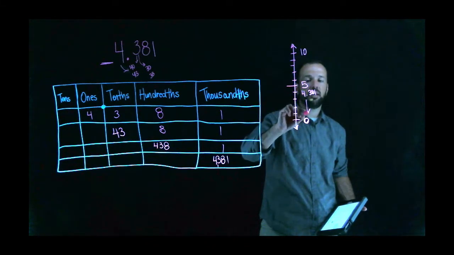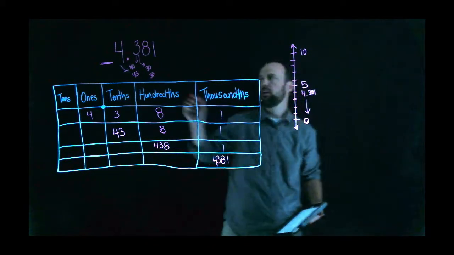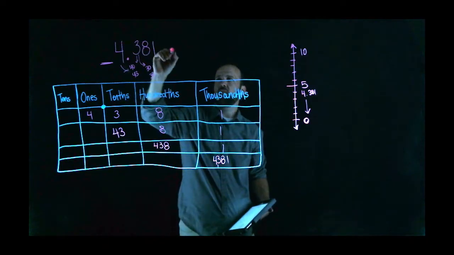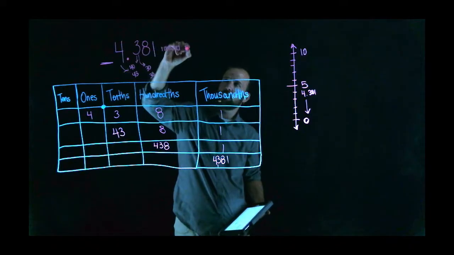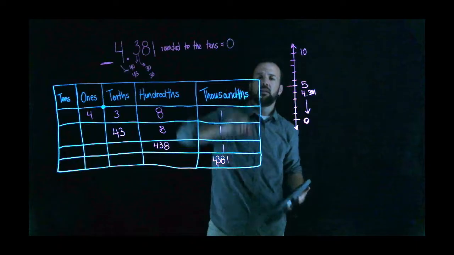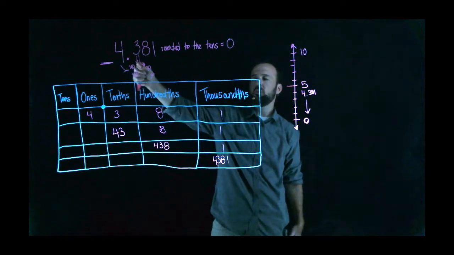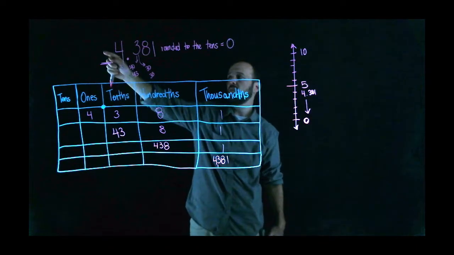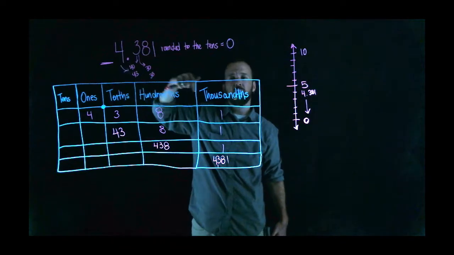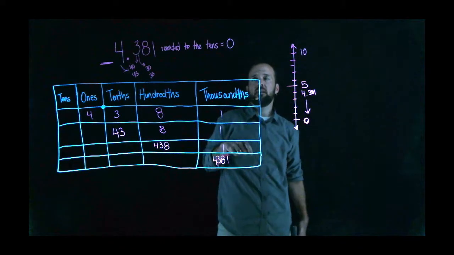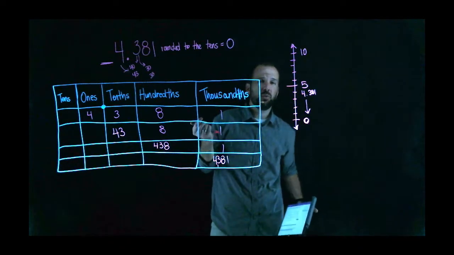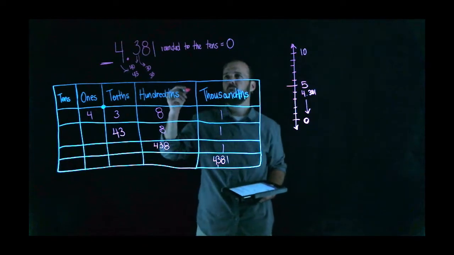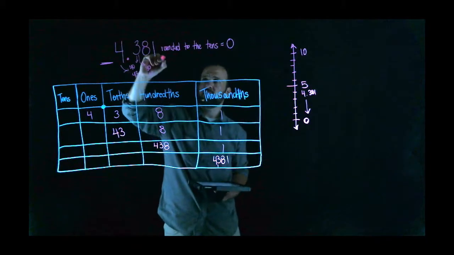So if we're rounding to the tens place, we're going to round down to a 0. So this would actually be 0. Kind of weird, right? Because we're rounding down, and we're rounding to the tens place. So we're not a 5 or above, so we have to round down, okay? So rounding to the tens place really wouldn't get us a good estimate for this. But what if we rounded to the ones place?